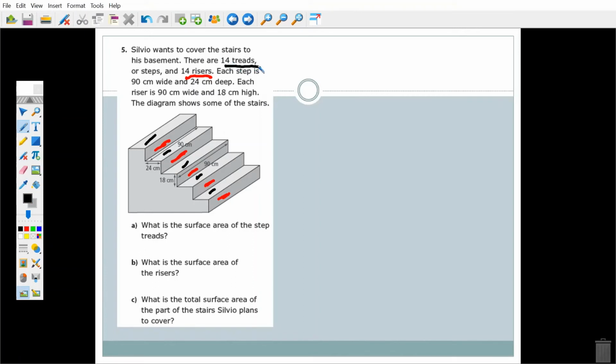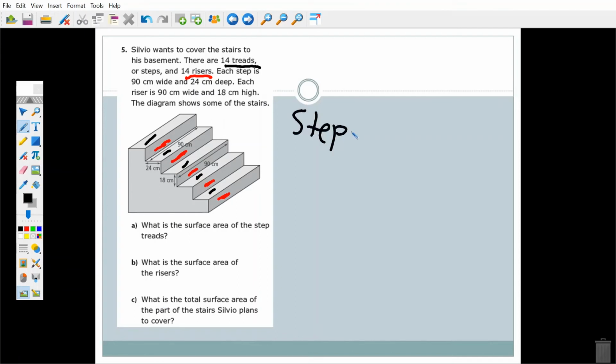Each step is 90 centimeters wide and 24 centimeters deep. Each riser is 90 centimeters wide and 18 centimeters high. We want to know the surface area of the treads, the surface area of the risers, and the total surface area he has to cover.